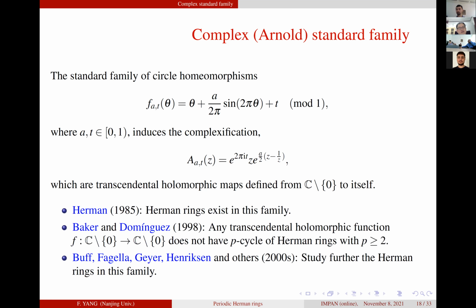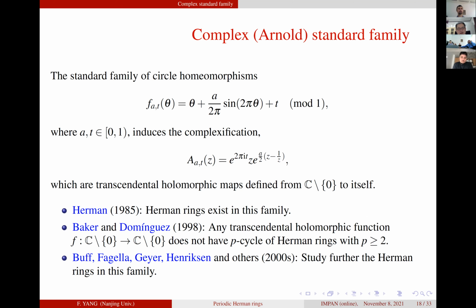Then there are some results about this family. Herman rings exist in this family, as we have also drawn a picture about this family. And Baker and Dominguez proved that any transcendental holomorphic function defined from the punctured plane to itself does not have a p-cycle of Herman rings with p at least 2.